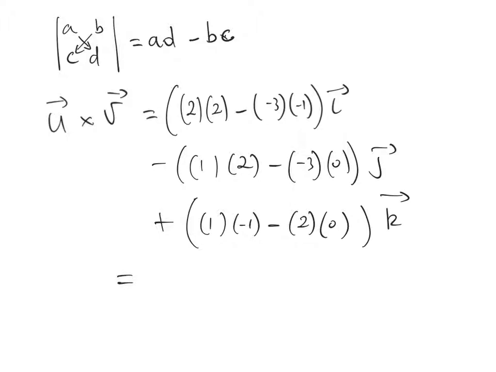We now simplify to get i minus 2j minus k, or in component form your cross product is given by (1, negative 2, negative 1). Now let's put everything together.